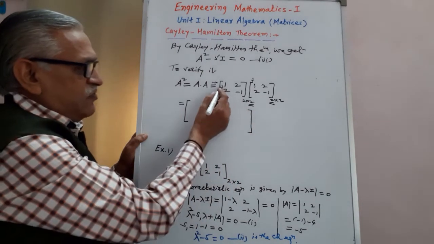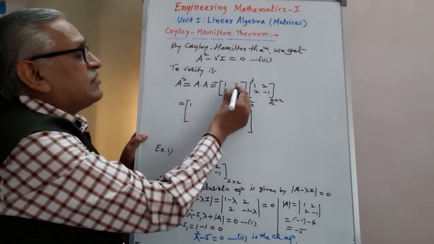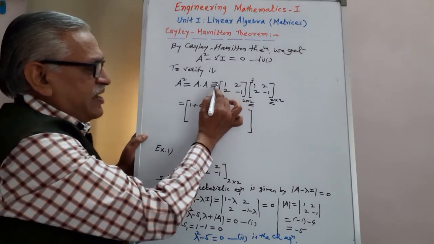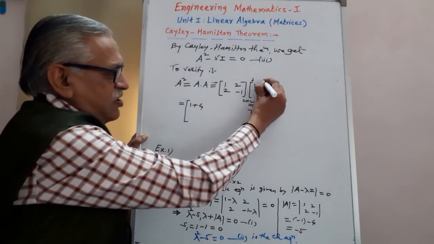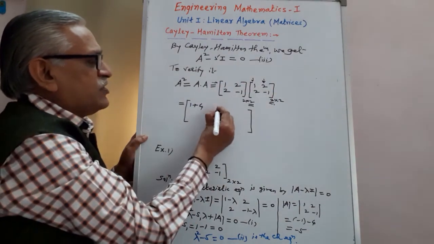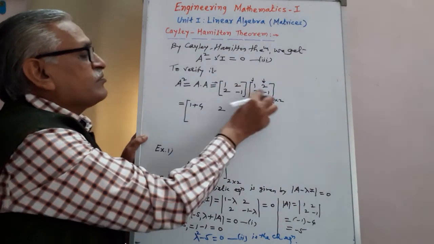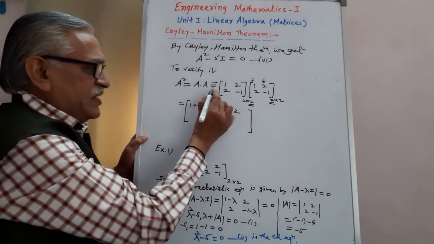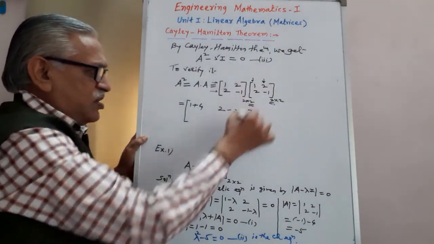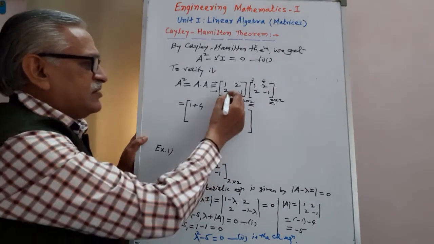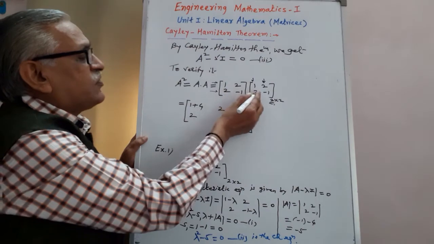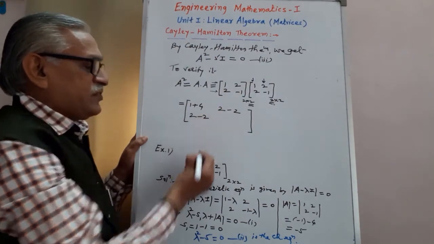1 into 1, we get 1, plus 2 into 2, that is 4. Then, the same first row to the second column, we get 2 into 1, that is 2, minus 2. Then we multiply the second row to these two columns one by one: 2 into 1 is 2, and minus 1 into 2, we get minus 2.